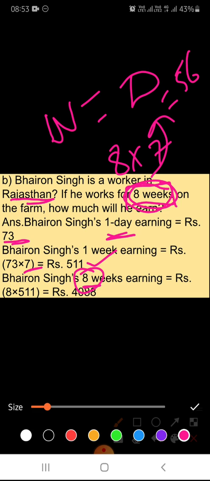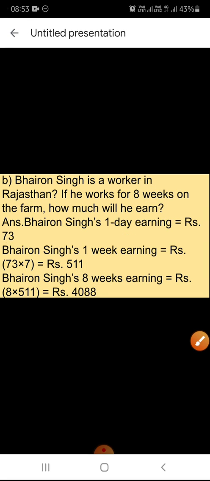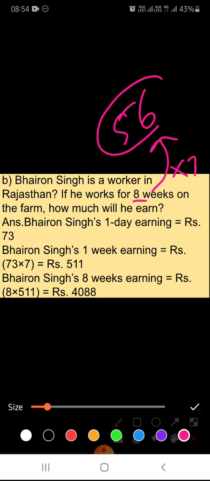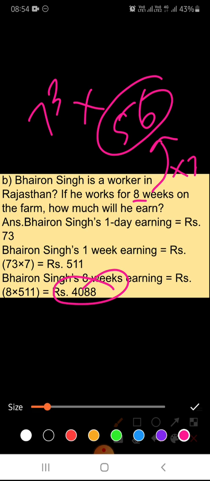Then we will get 4088. The next method is, first you will multiply 8 by 7. What you will get? 56. Then directly you will multiply 56 by 73. You will get the same answer, 4088. Both the methods are correct. You can choose any one of these.